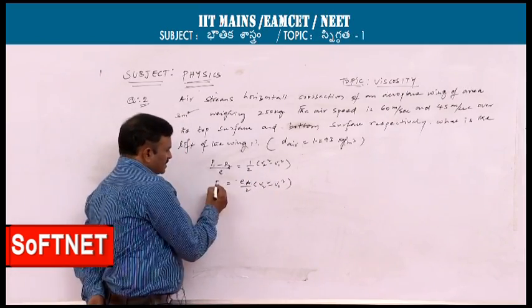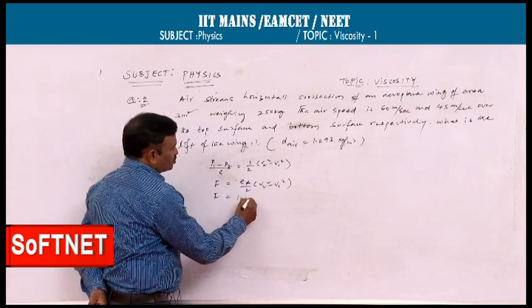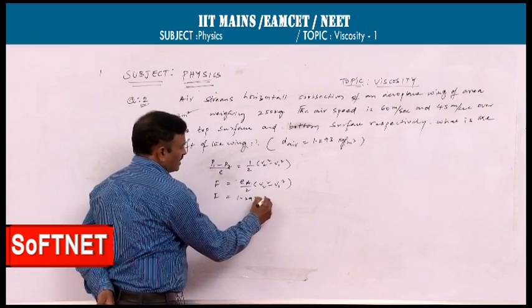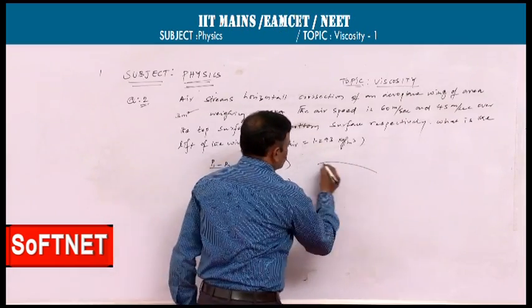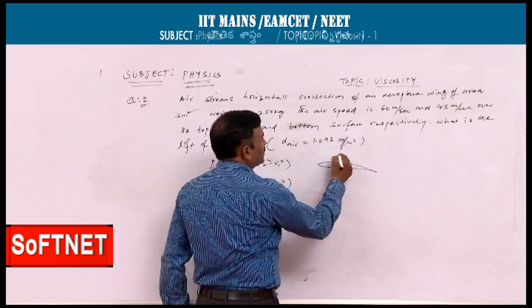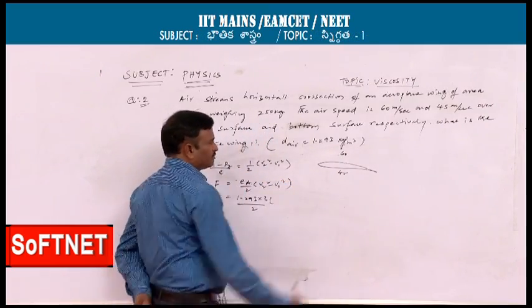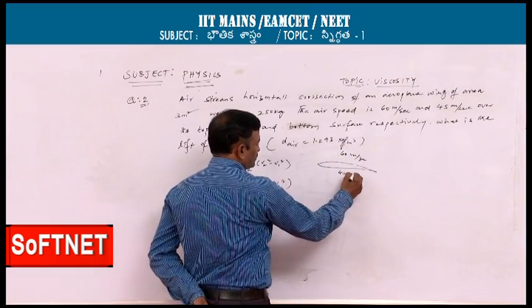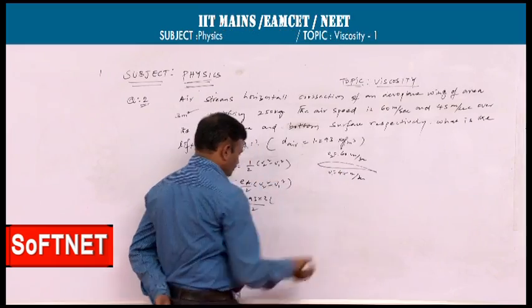Here the force acting on the wing is F, rho is 1.293, area is 3, by 2 into V2 square. The aeroplane top layer velocity is 60, bottom is 45 meter per second. It is V2, it is V1.